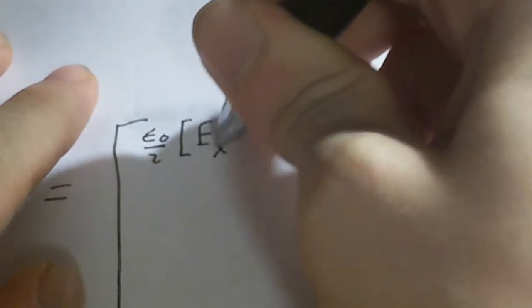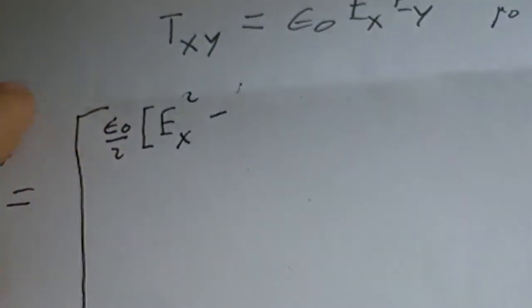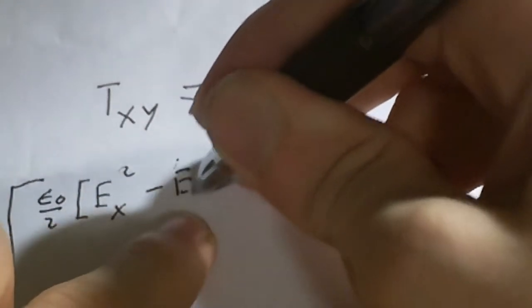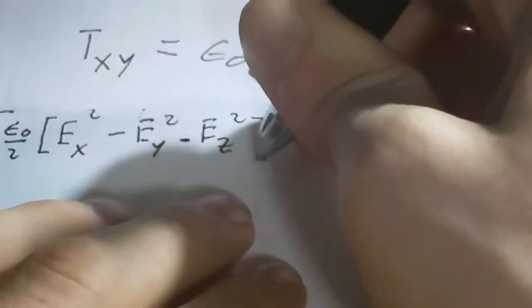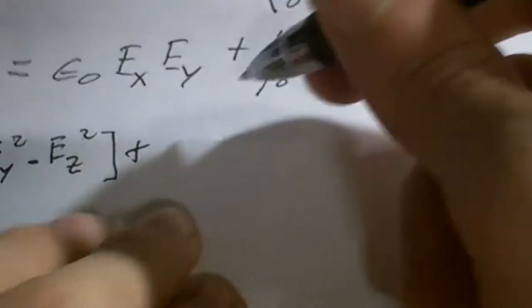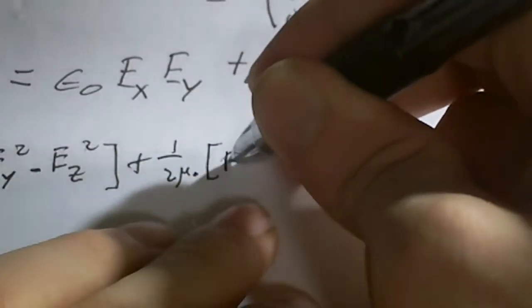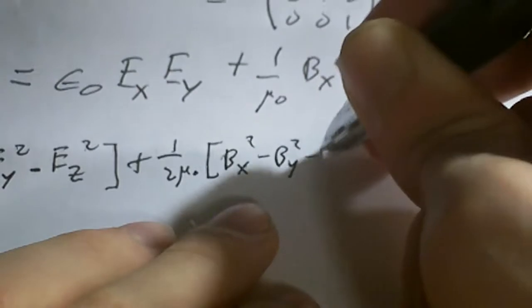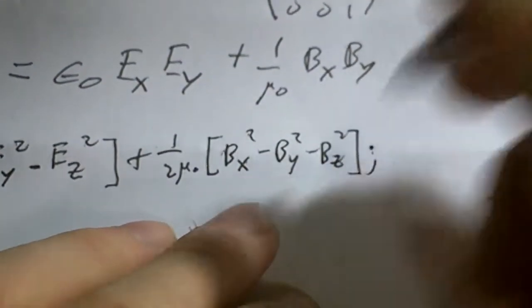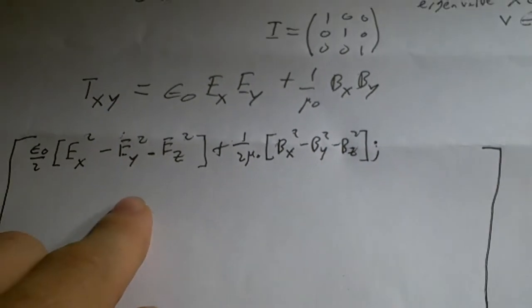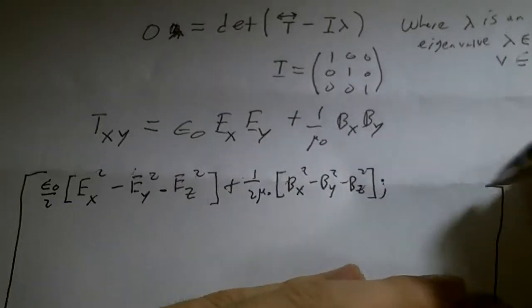We have epsilon sub naught over 2 of Ex squared minus Ey squared minus Ez squared, plus 1 over 2 mu naught of Bx squared minus By squared minus Bz squared. I'm going to separate the elements by a semicolon because it can be very ambiguous.